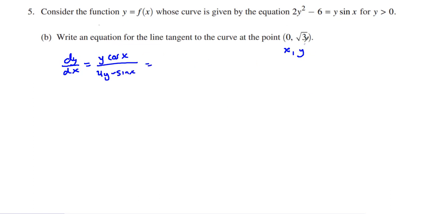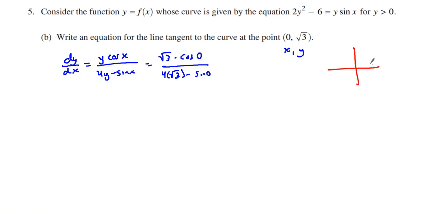And now we're going to plug in our points. So our root 3 is our y value times cosine of 0 over 4 times root 3 minus sine of 0, not sine of x, but sine of 0. And so keep in mind my unit circle.